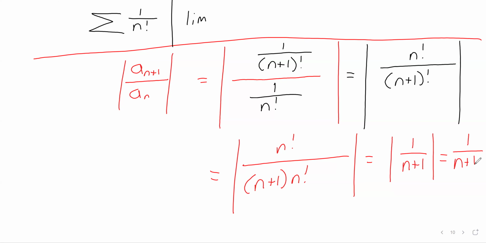So the limit as n goes to infinity of this fraction is the limit as n goes to infinity of 1 over n plus 1.